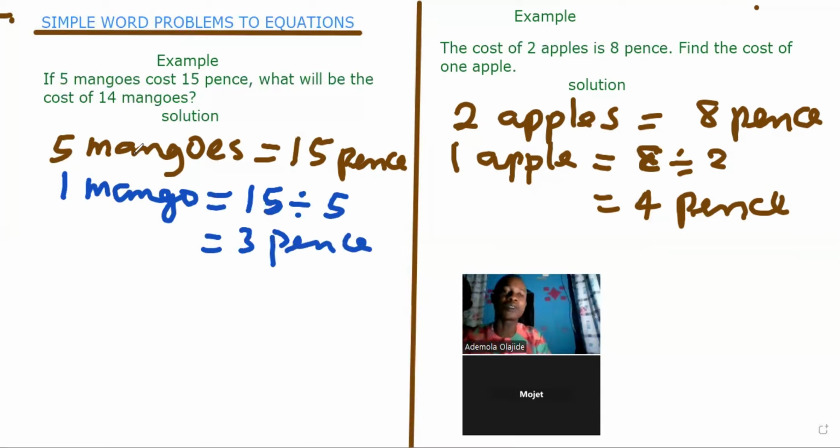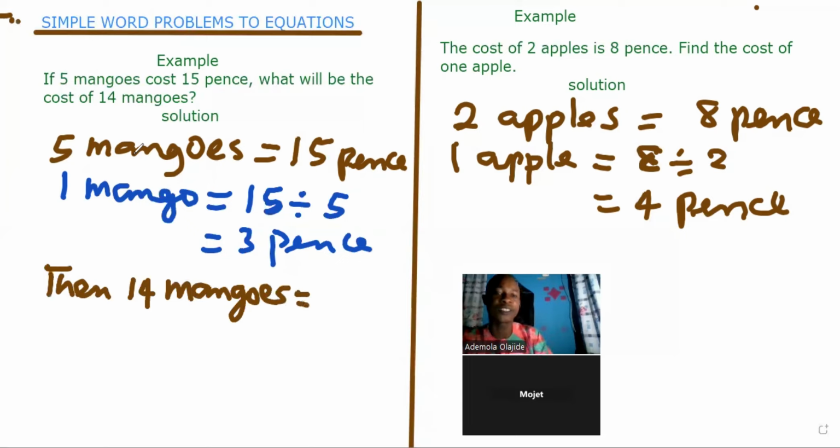If each mango goes for 3 pence, then to find the value for 14 mangoes, since each mango costs 3 pence, what is the cost of 14 mangoes?